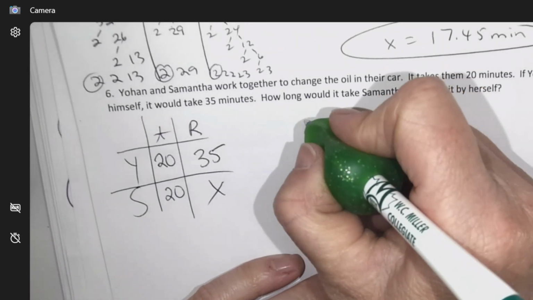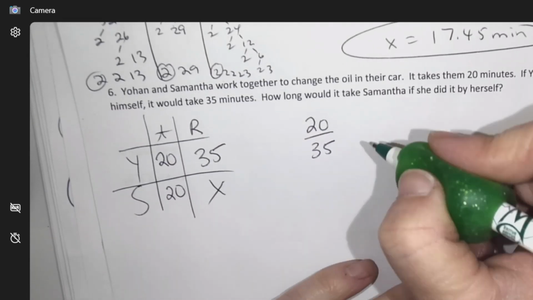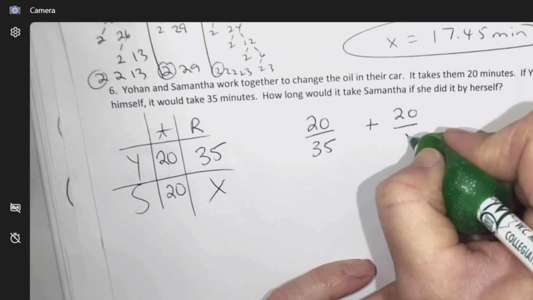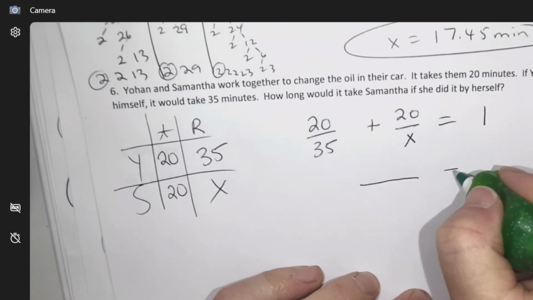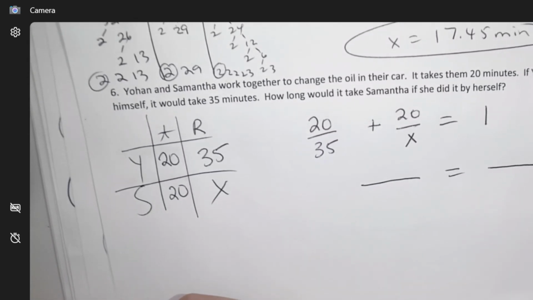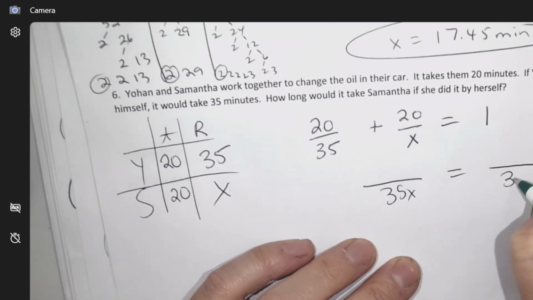Okay, so Johan does 20/35 of that job. And Sam does 20/x of the job. And then their portions together will make that job up. Okay, and then I pick a common denominator.